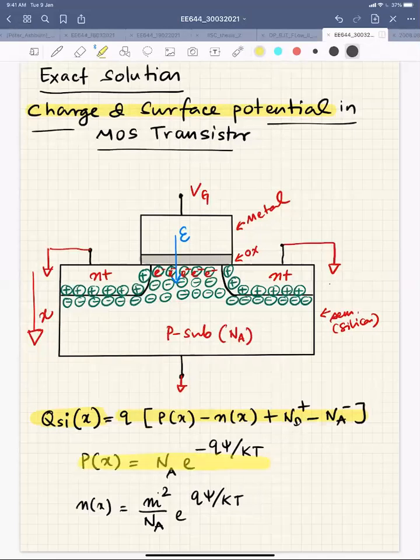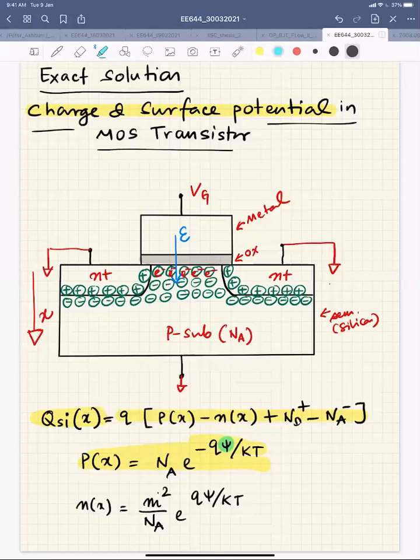Px is basically the number of holes. This psi depends on x, and the potential varies from the silicon dioxide interface towards the body.